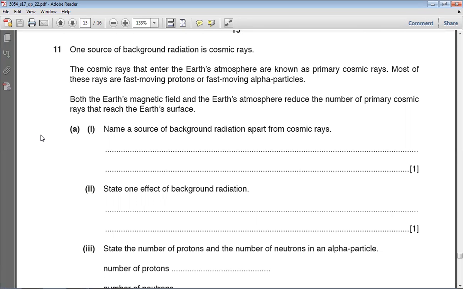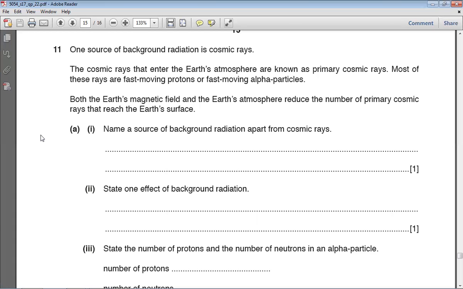There can be many sources of background radiation. For example, there might be some ore or minerals in the soil in that area which are radioactive, so they will be giving out radiation. There might be some nuclear testing going on around that area, which also causes background radiation. Another source is the waste fuel of a nuclear power station.